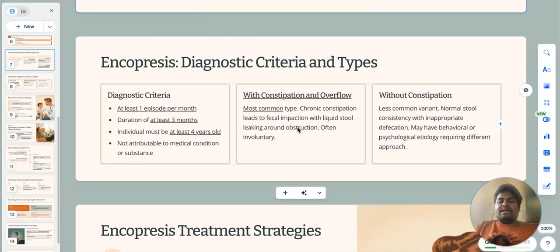If the child is 4 years old and above and defecates inappropriately at least once per month for at least 3 months, then we say he or she has met the criteria for encopresis.